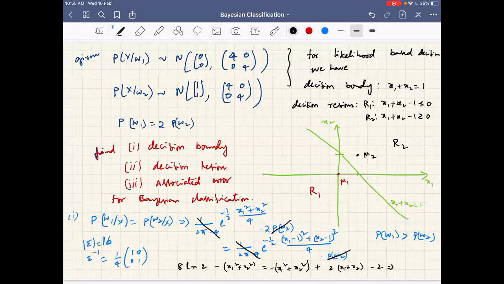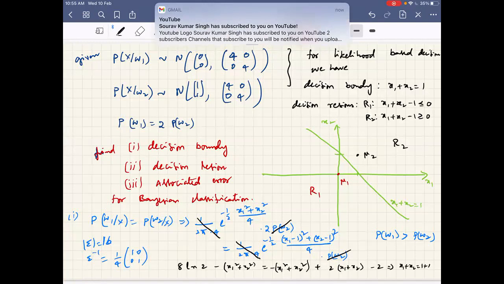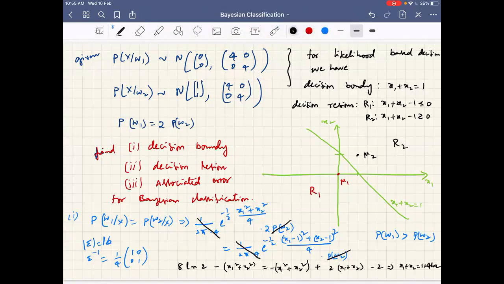This implies that the decision boundary now is x1 plus x2 is equal to 1 plus 4 times ln of 2. Is this correct? Yeah, I request you to check quickly. Okay, I assume that it is correct.